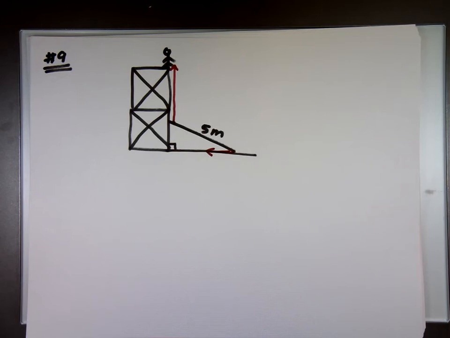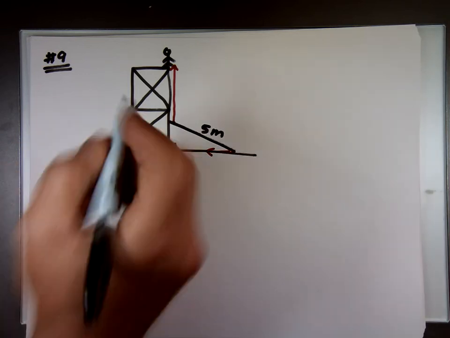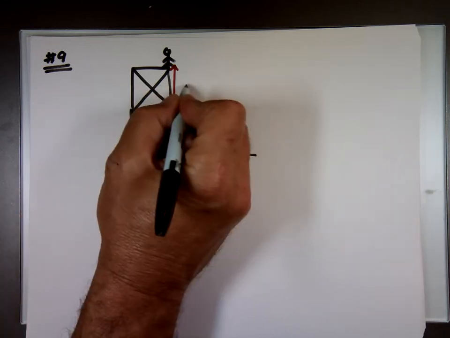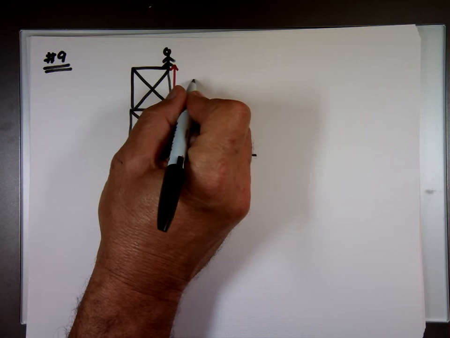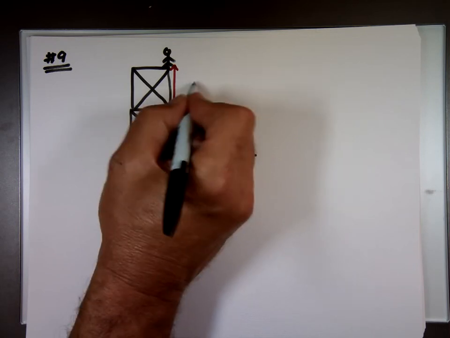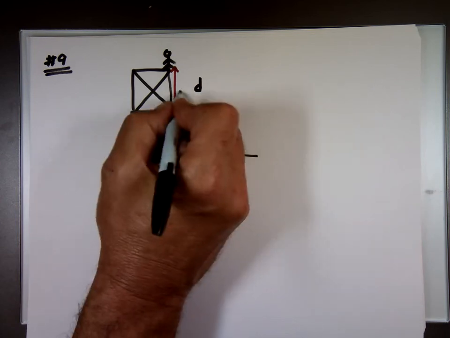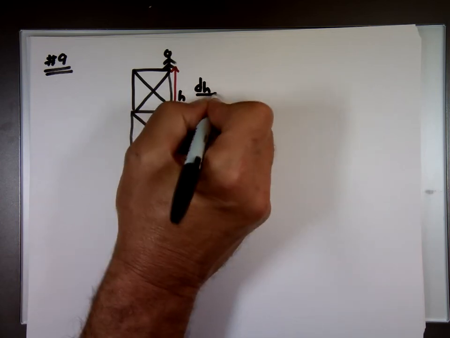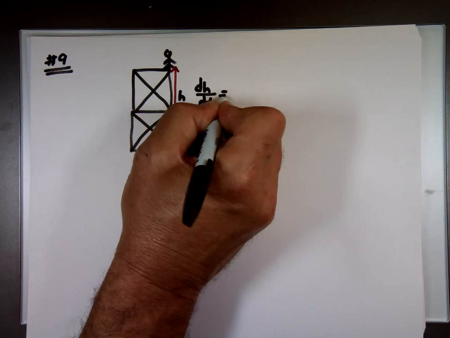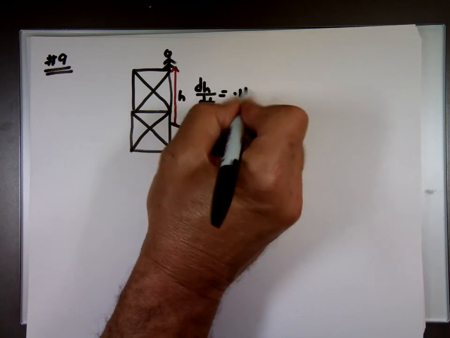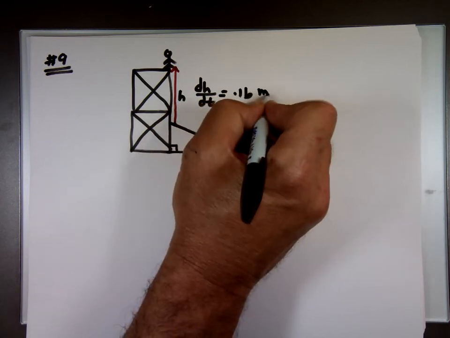And the worker pulls the rope at the rate of 0.16 meters per second. He's pulling up. So let's call this height h. dh/dt, or the velocity, is equal to 0.16 meters per second. That's the speed he's moving.